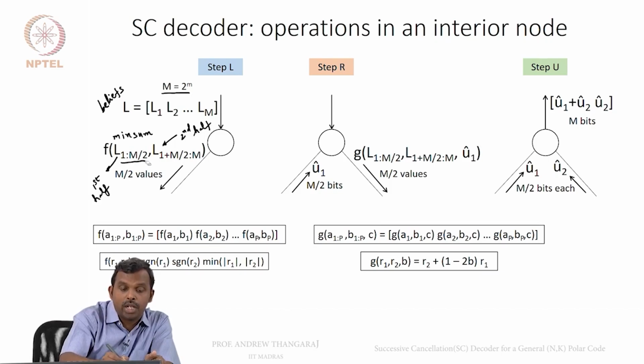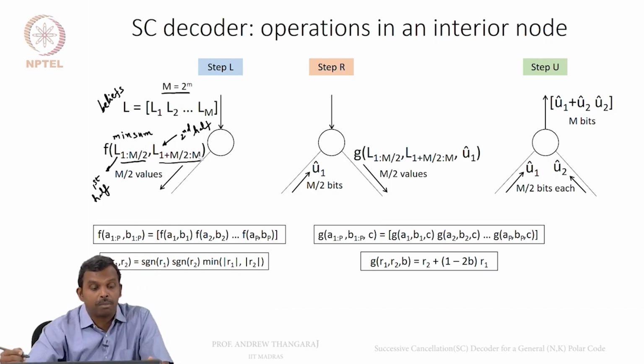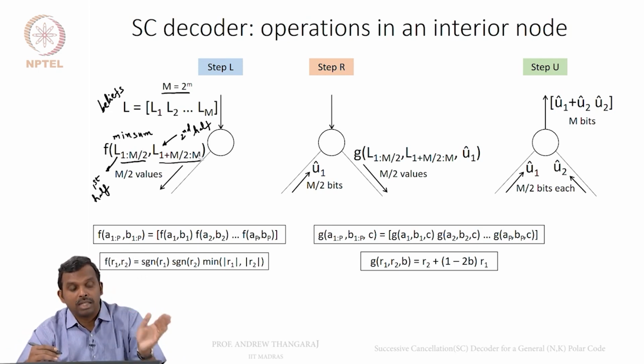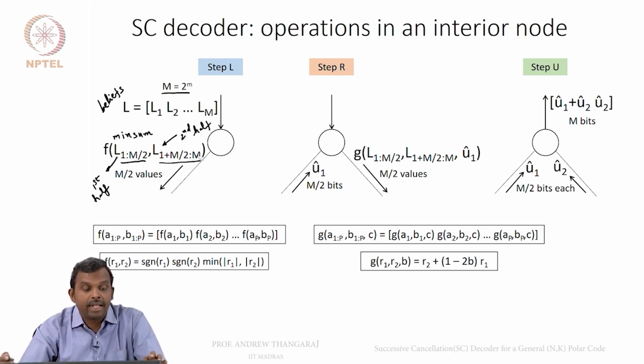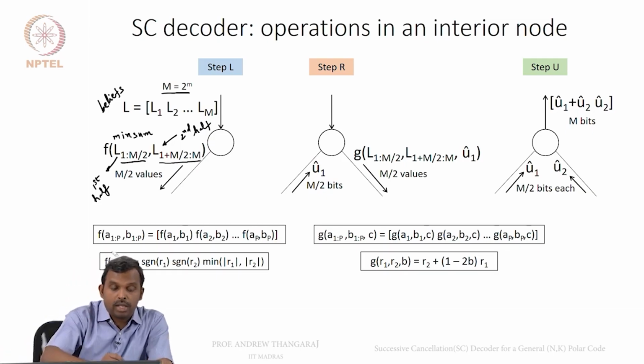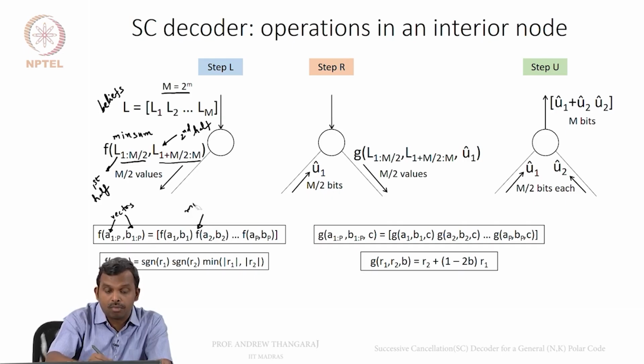The indices go from 1 to m by 2, and then the second half goes from m by 2 plus 1 all the way up to m. So it divides it into 2, first half and second half, and it does min sum. F represents min sum coordinate wise. Here is what I have done: if you have 2 vectors of the same length, and you do min sum f on the 2 vectors, I simply apply the min sum coordinate wise.